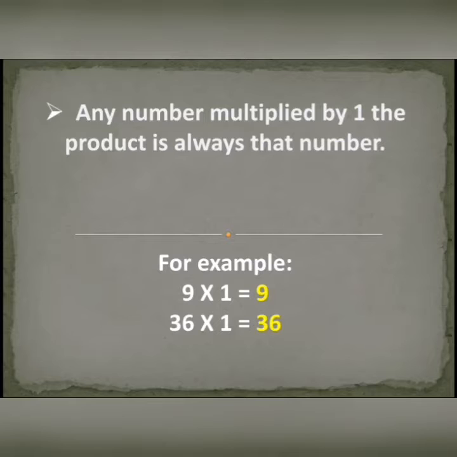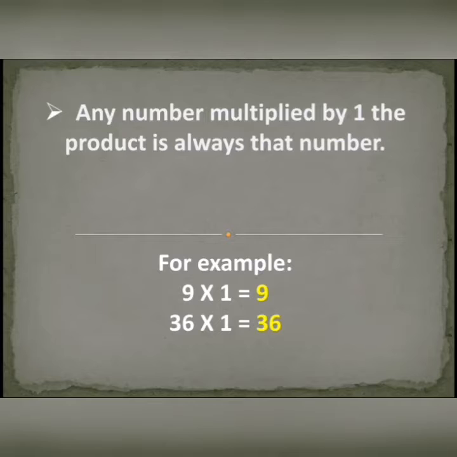So any number multiplied by 1, the product is always that number. So if we multiply 1 with any number, it will always be equal to the number that we use to multiply with 1.